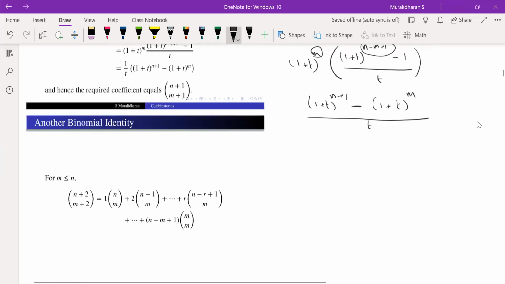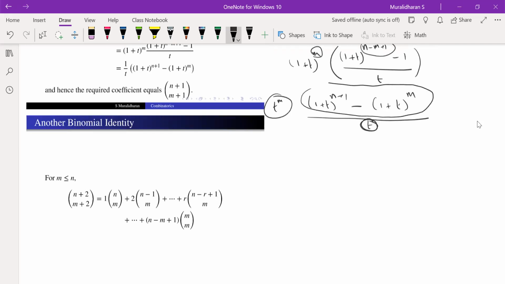Since I have a t below, I want the coefficient of t power m plus 1 in the numerator. Then you can cancel out one t and get the coefficient of t power m here.